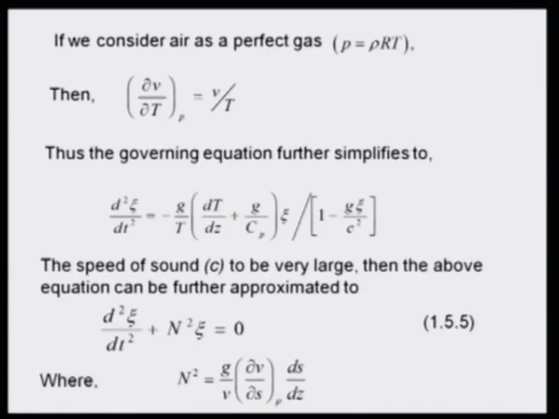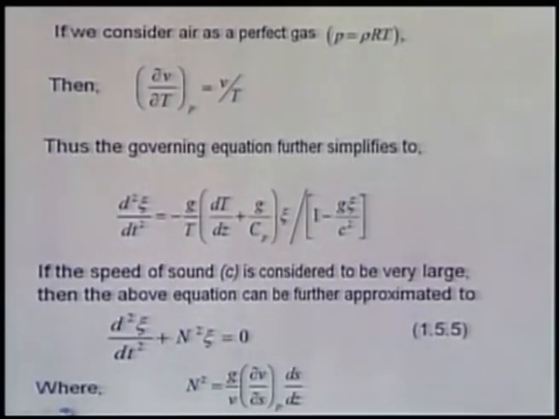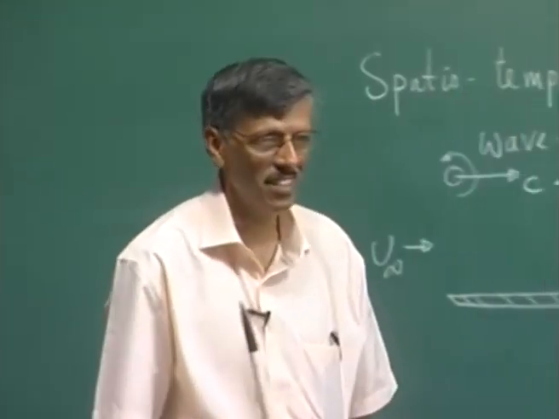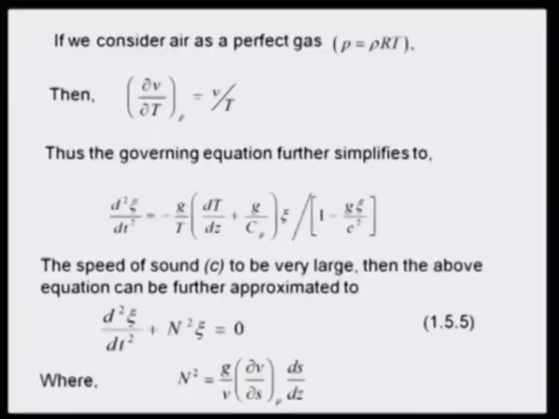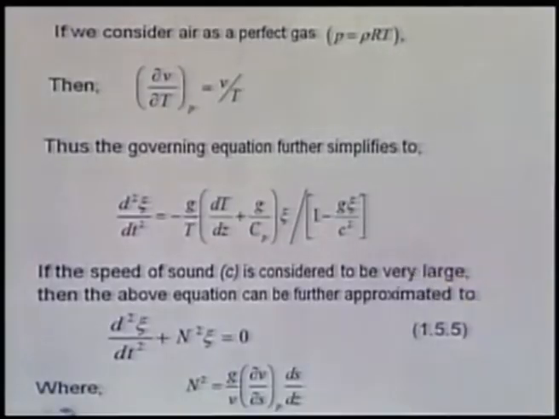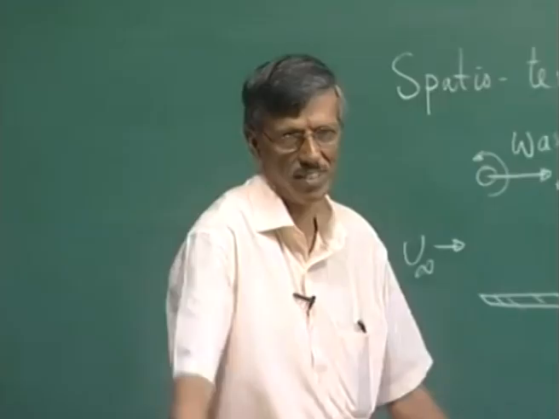So even if you are looking at the motion of a simple parcel of air, the dynamics is coming out to be quite interesting here. Now, for the sake of simplification, you consider that C is very large. Incompressible flow, if you consider C is infinity.